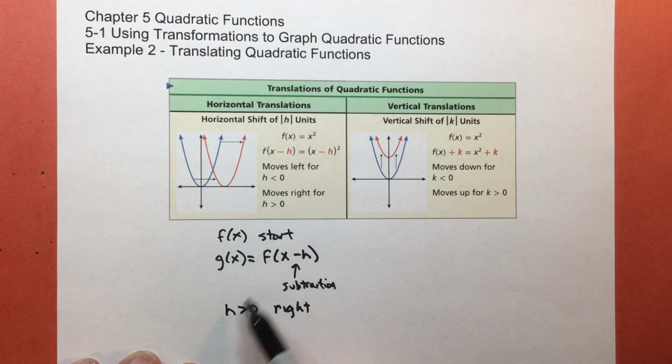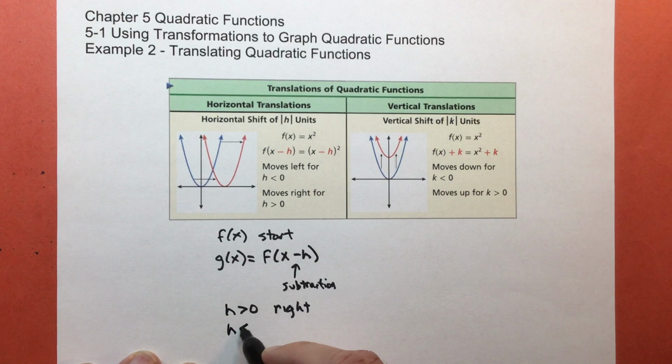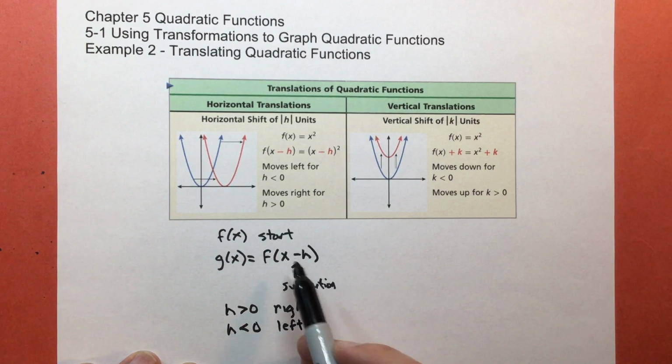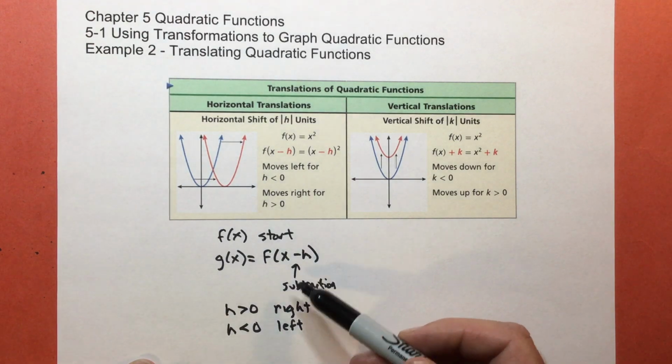Like if h is 3, it'll say x subtract 3. You are subtracting negative 3. If h is negative, it'll go to the left, but subtracting a negative will look like x plus something. So if it's negative 7, it'll say x plus positive 7. Try to remember that everything's backwards when we do horizontal stuff.